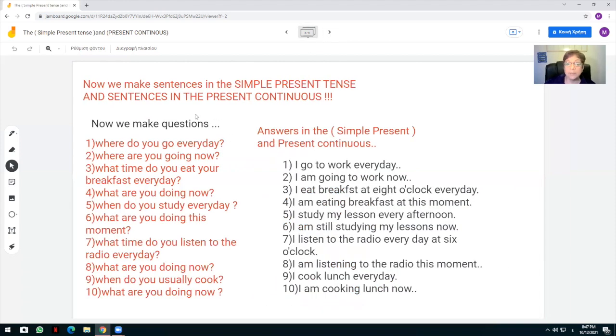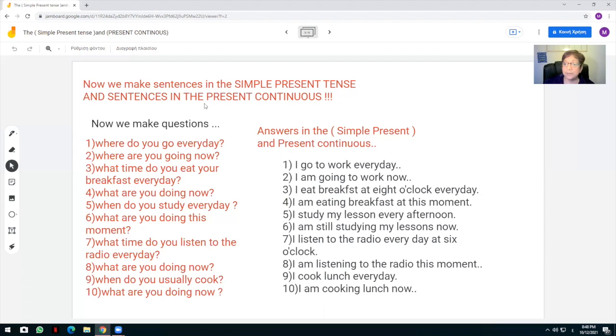Now, here we have some sentences in the simple present tense that we have taken في الحاضر البسيط, and we have sentences in the present continuous.